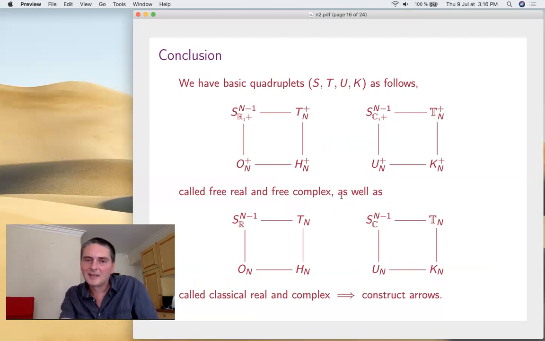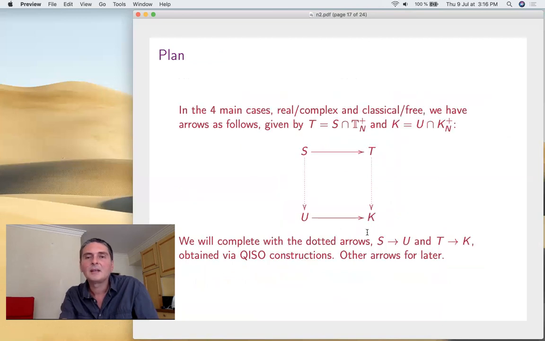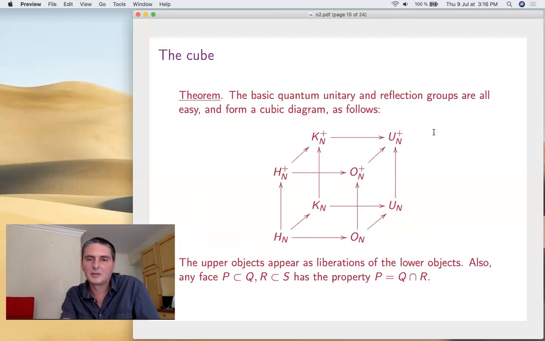Anyway, our next task will be that of constructing arrows, right? So we want all these things. Here I just put some lines, but we want 12 arrows between these things. So what's the plan? First of all, we have some clear arrows. If you want to pass from S to T, you just intersect with a big torus. We already talked about it last time. And same, if you want to pass from U to K, you just intersect with Kn plus, because that's the cube business I was talking about.